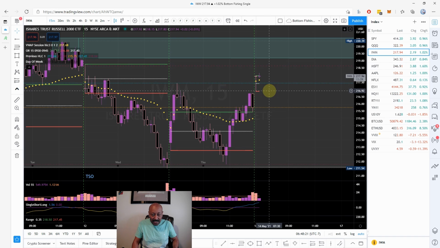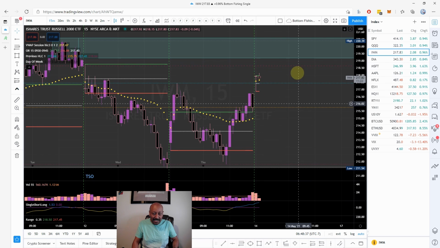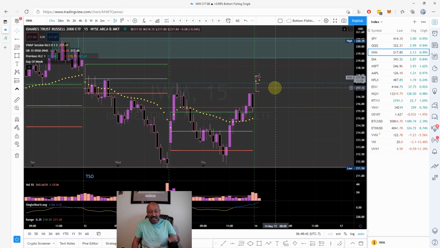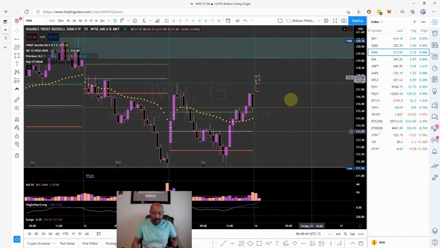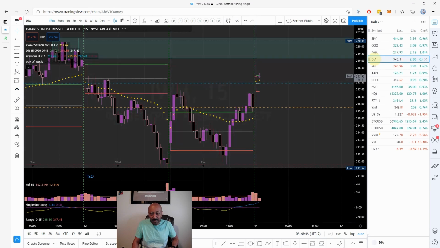On the put side, we have 216, 217 to about 215.75, about $1 here. Again, this is not exciting me to enter a position until I see a pattern forming. Then I can take advantage of that pattern.